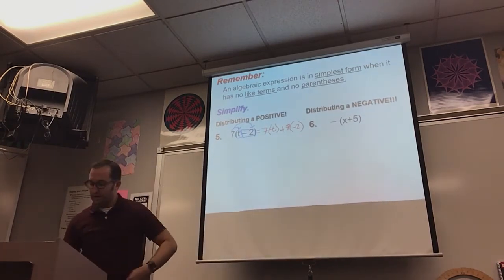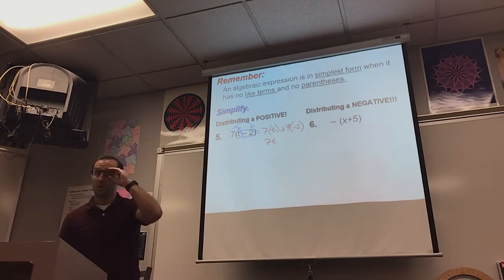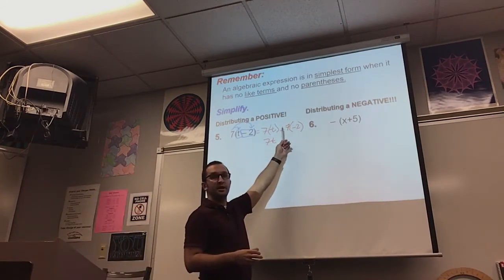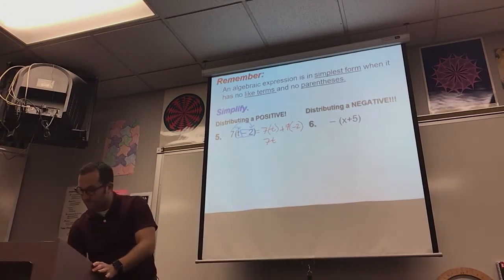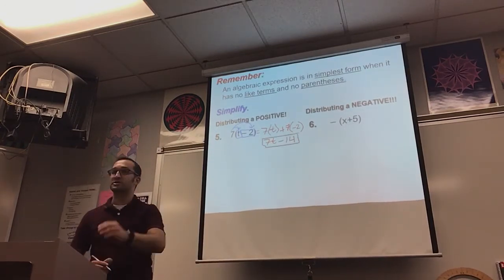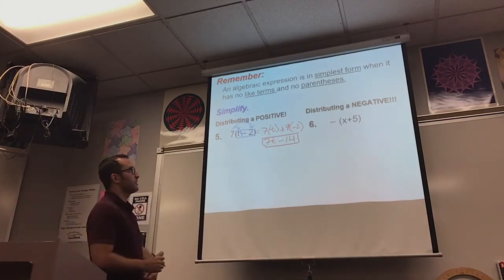So we need to finish simplifying, like Ash was saying, 7t. Same sign, positive, different sign, negative. Minus 14. That's our simplified answer. That's distributing a positive.